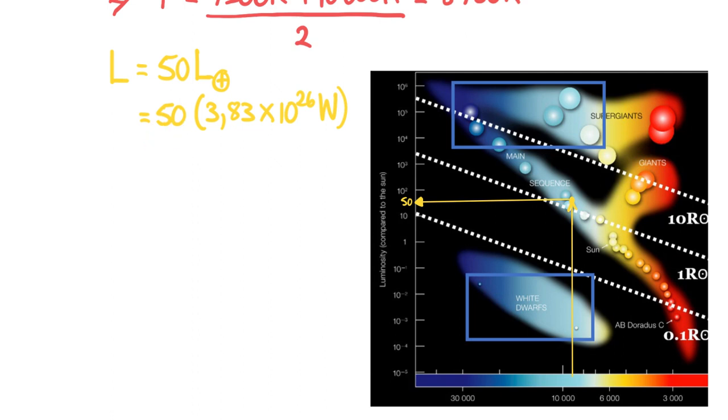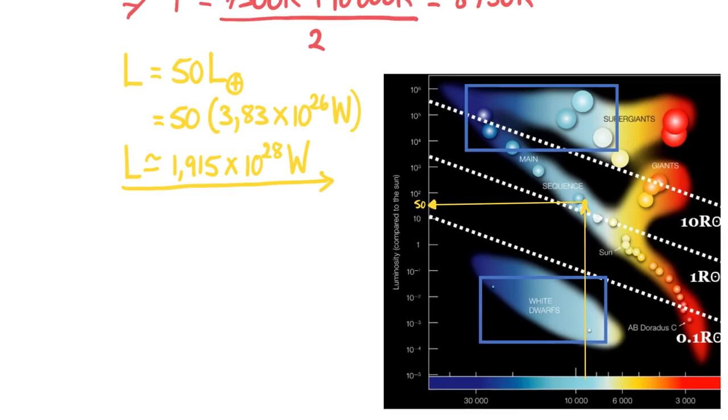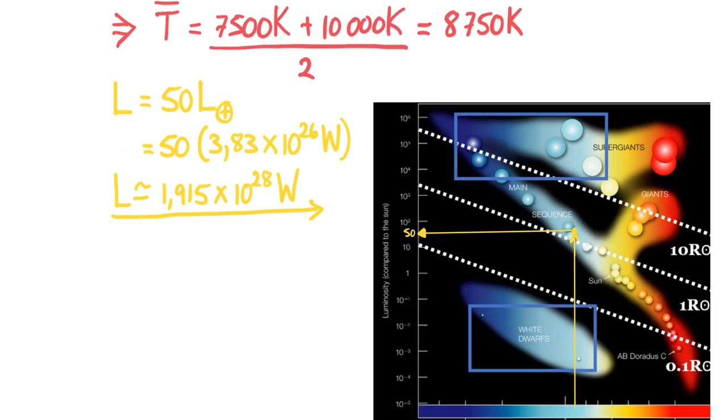So multiply this by 50, and we get that the luminosity of this particular star is approximately, and it's important to state that it's approximate, because as you can see, we definitely have made some fairly big approximations, assumptions. So it's always good as a scientist, as a physicist, to always be explicit about the uncertainty as much as you possibly can. So we put that approximately equal to 1,915 times 10 to the 28 watts.